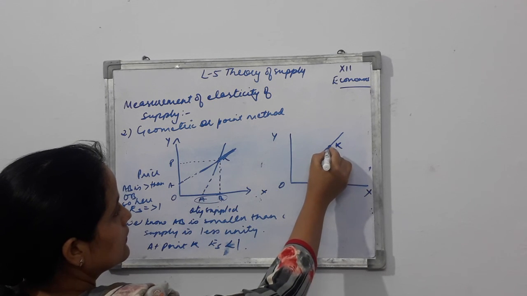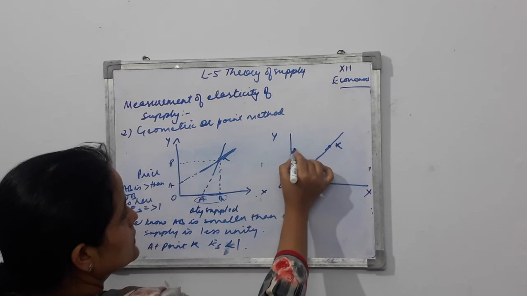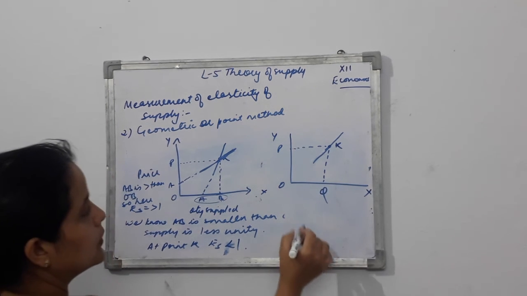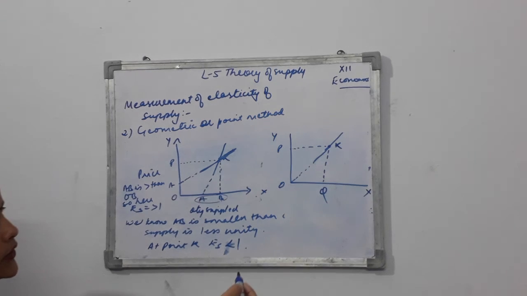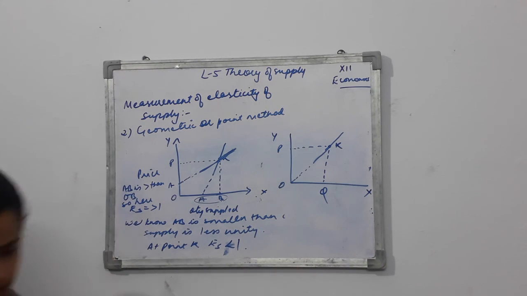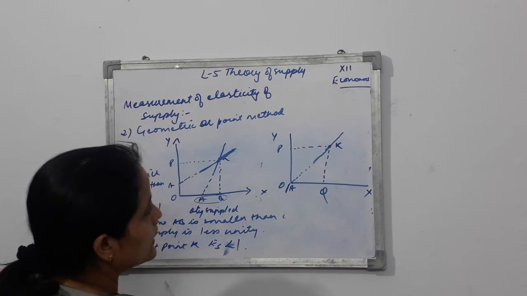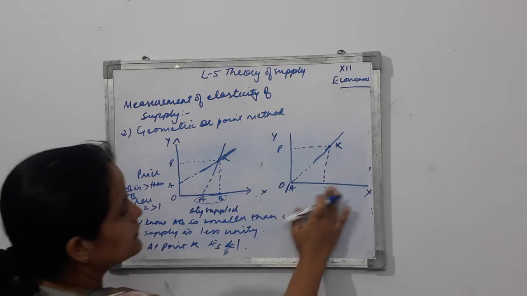So this is your P, this is your Q. We are going to extend this this way. This is going to be your A, the origin. You can name it B.